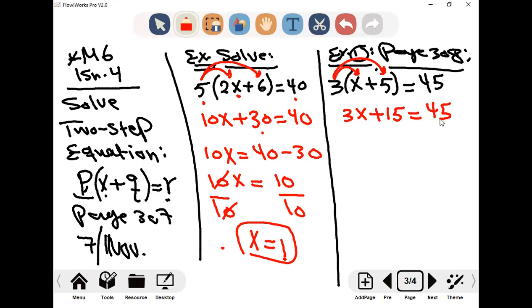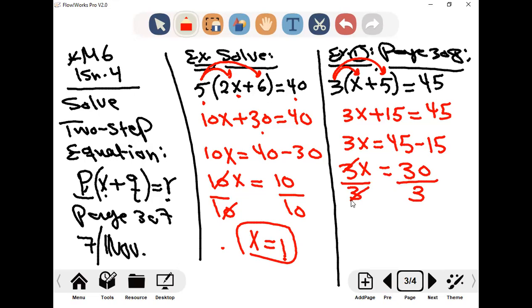Shift, then divide. So here, this 15, I will shift it to the other side. It will be 3x equal 45 minus 15, 3x equal 30. Now divide by the coefficient on both sides. X equal 10.